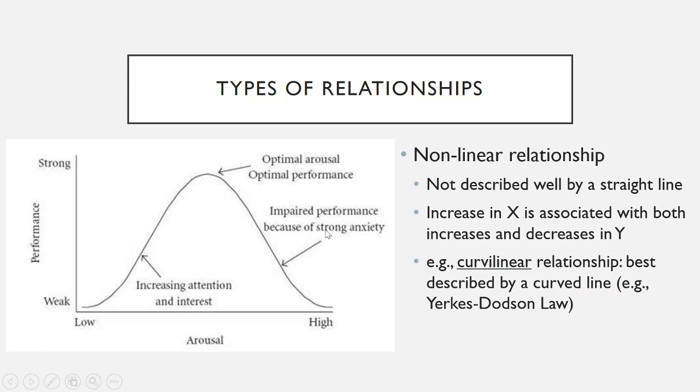What this shape basically tells us is that there's a sweet spot whereby your arousal level is enough that you're not falling asleep, but not too high where you're extremely jumpy and agitated, and that's where you see optimal performance on cognitive tasks.